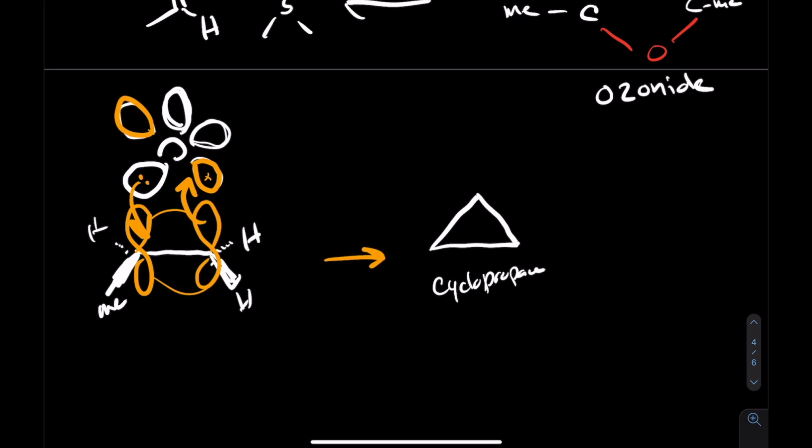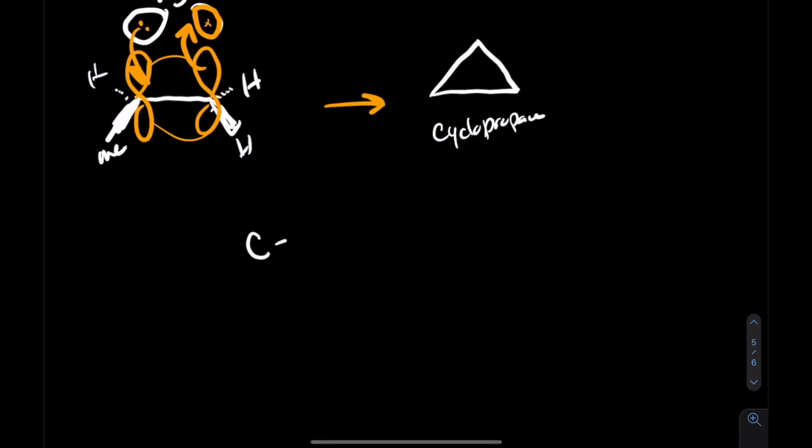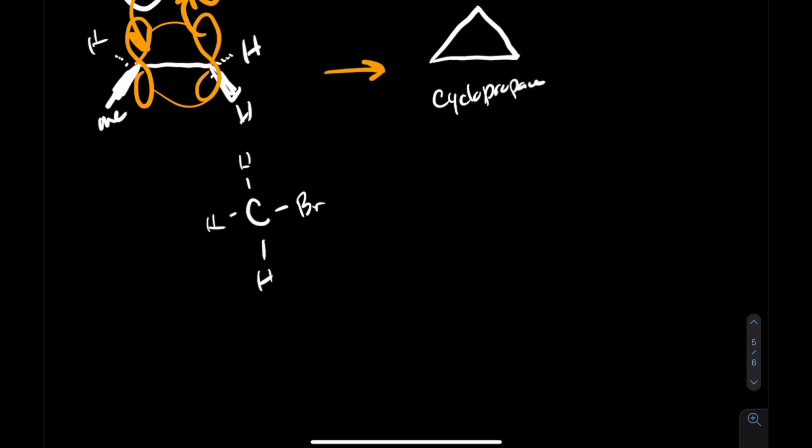And maybe it's worth reviewing exactly where that goofy thing came from, right? So there are a couple of ways to produce carbenes, and we had covered that if you want to make a carbene, you can start off with carbon that has a bromide and H. And if you take an alcohol and deprotonate it, you've got a hydroxide, it can come in and deprotonate, right?